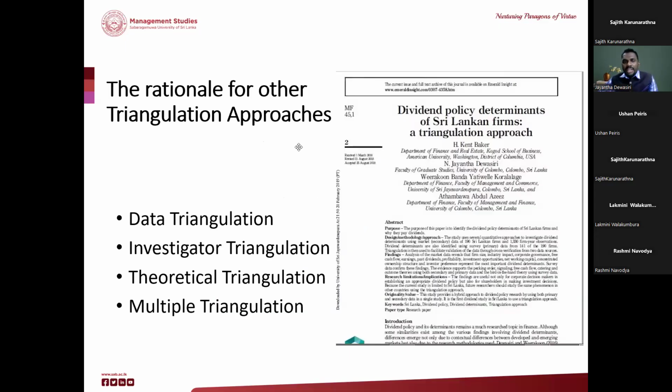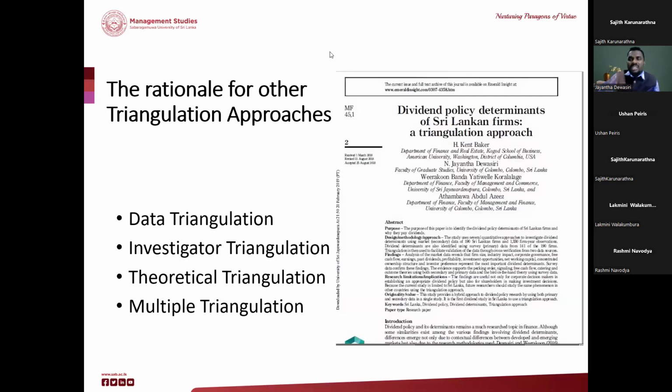So data triangulation, or within-method triangulation, or multi-method, is conducted in order to have a confirmation within a single study. For example, here is an example: dividend policy determinants of Sri Lankan firms, a triangulation approach. Why do we use data triangulation here? That is the question, the rationale for that. If you look at the dividend policy determinants across the world, there are more than 1,000 research articles published.